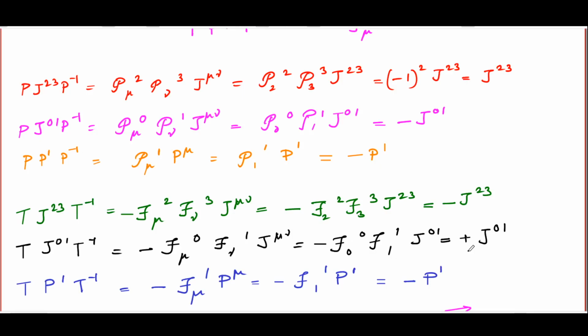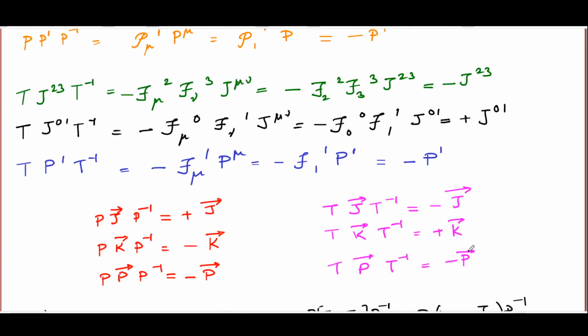Now, although we wrote this down for specific angular momentum, boost or momentum components, it's pretty easy to put them all together and write down these general relations. Capital P, J vector, P inverse, is going to be just J vector. Angular momentum is not going to change under parity. Now that is something which we know from classical mechanics.